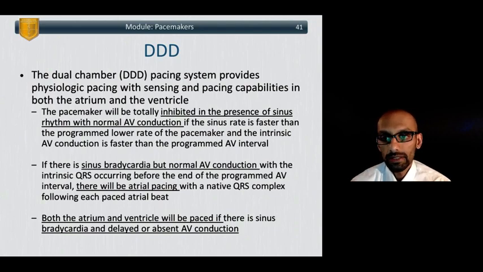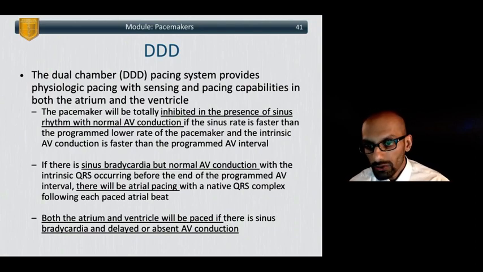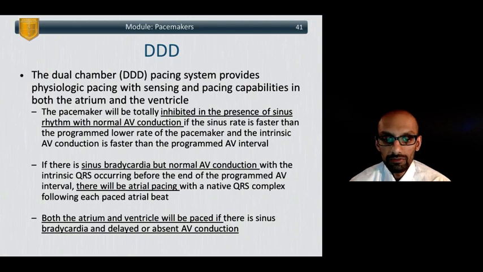Pacemaker will be totally inhibited in the presence of intact sinus rhythm with normal AV conduction. So patients doing everything on their own, pacer doesn't do anything at all. Okay. Overall, if there's sinus bradycardia but normal AV conduction, then the pacer will just pace the atrium. If both the atrium and the ventricle are affected, pacer will pace both of them. So, you can't go wrong with this.